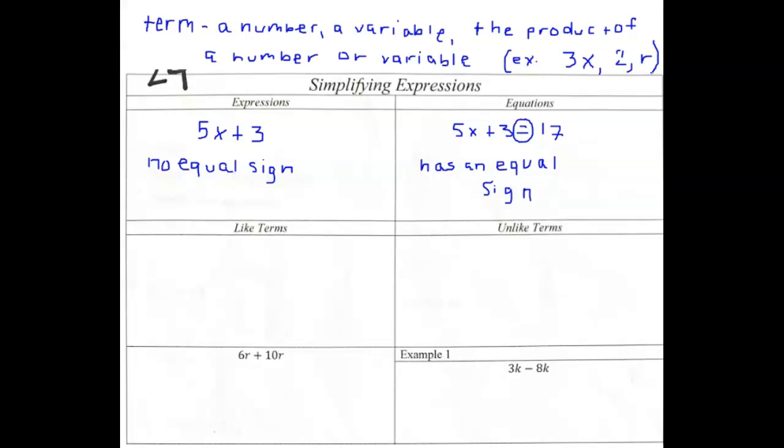Now, let's talk about terms that are alike versus terms that are not alike. Okay? Terms that are alike are terms that have the same variable.